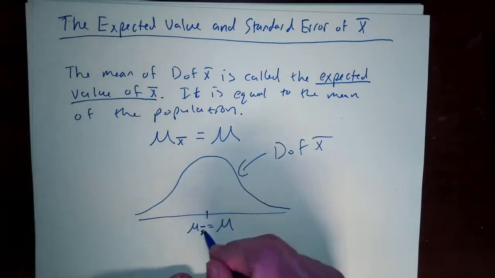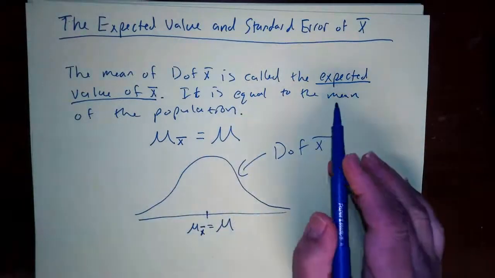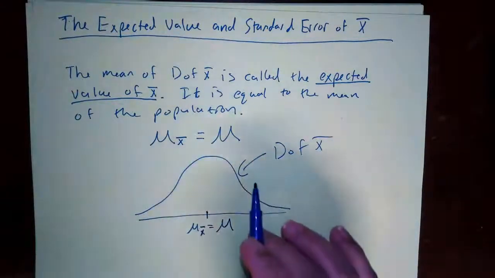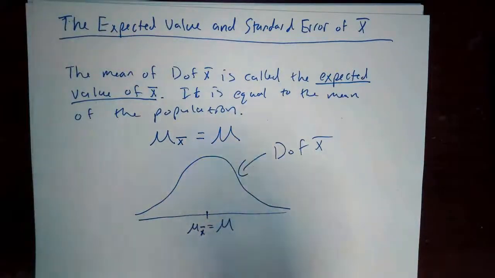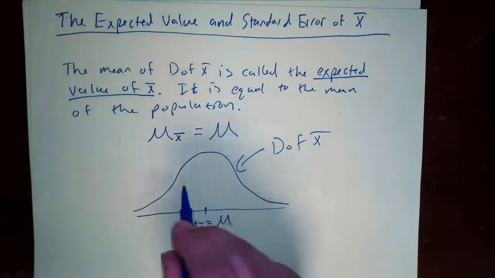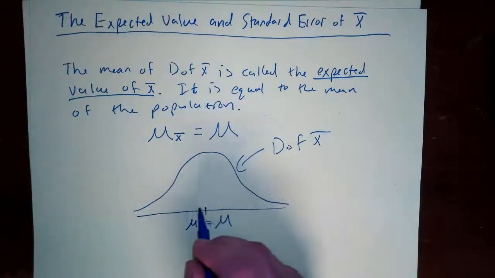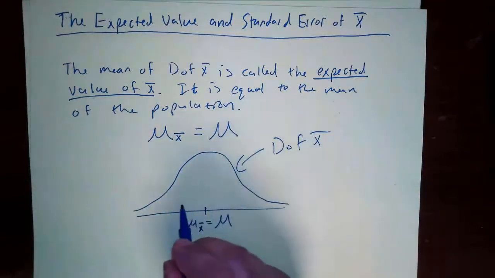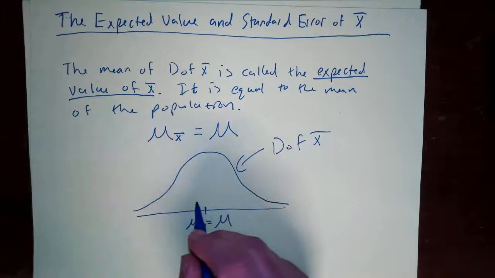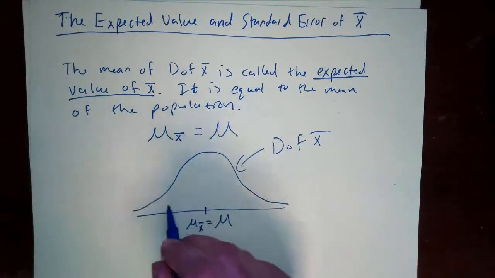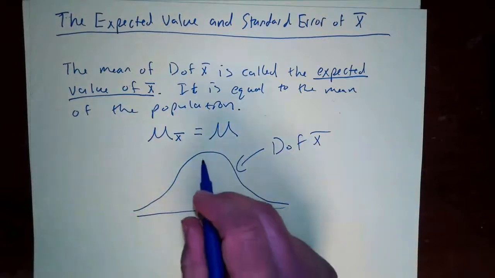Okay, so the expected value of x bar is the mean of the population. Give or take a little bit, though, because you could get means that are further out. So there is some sampling error, depending on how far out the value is. The further out it is, the more sampling error there would be.